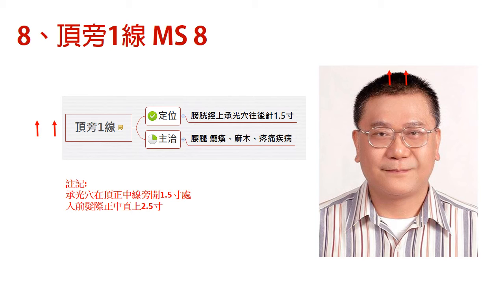MS8. Lateral line of the vertex. The location on the head, 1.5 cun lateral to the Du channel, 1.5 cun long straight from bladder 7 backwards along the bladder channel.